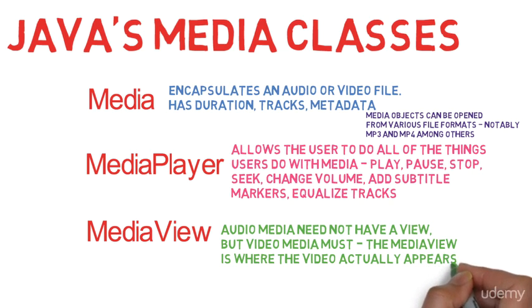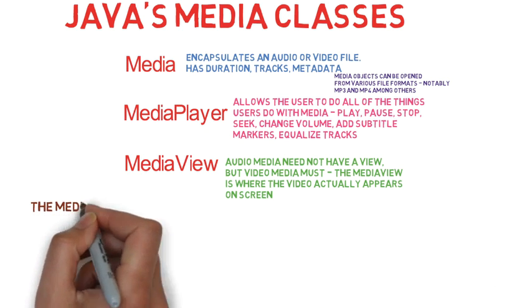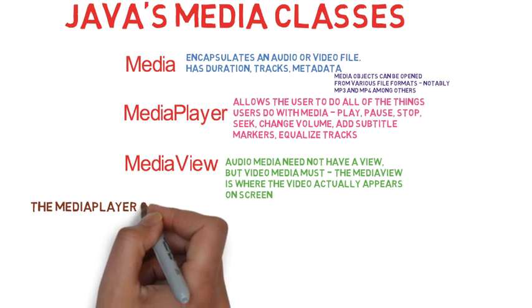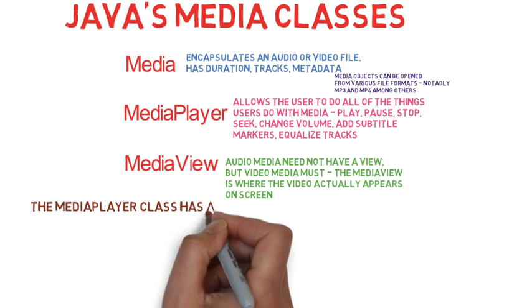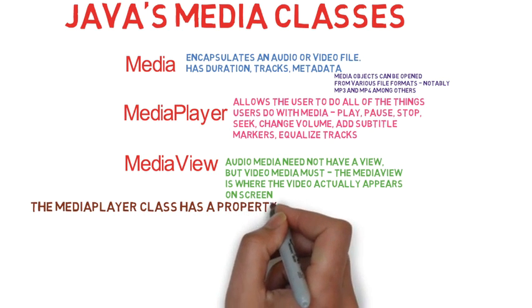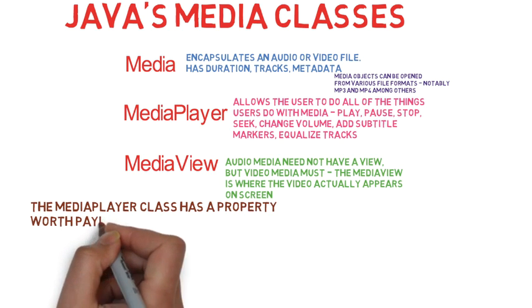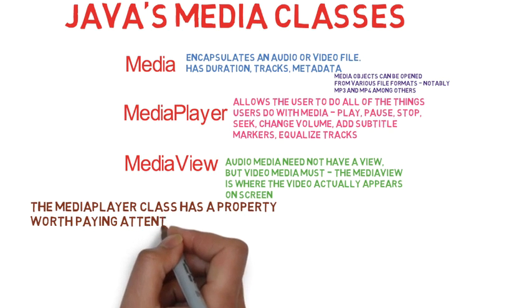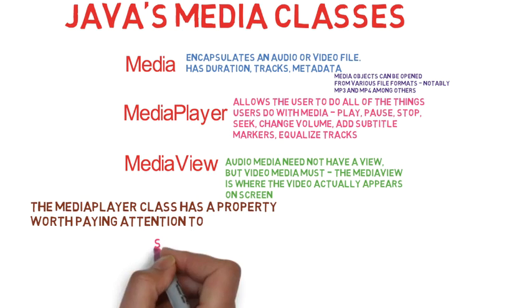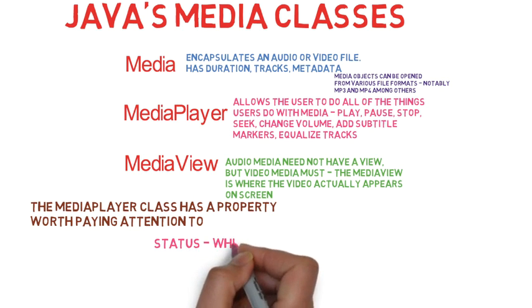Now, in all of this, the media player has an important property that we're interested in right now. Given that we are studying the state pattern, it's obvious that the property that is important to us at this point is the status.